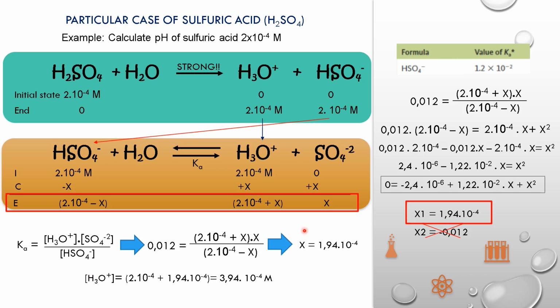How? It's not just this X value. Please see that the final concentration of hydroniums is the sum of this value, the initial concentration of the acid, plus the X we just calculated. So we have to do that sum and then calculate the pH with this total concentration of hydroniums.